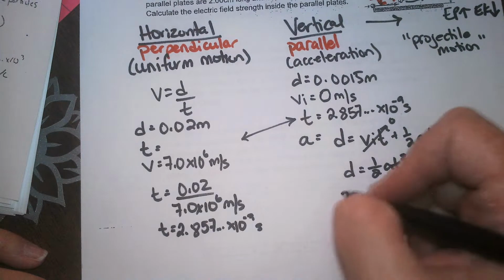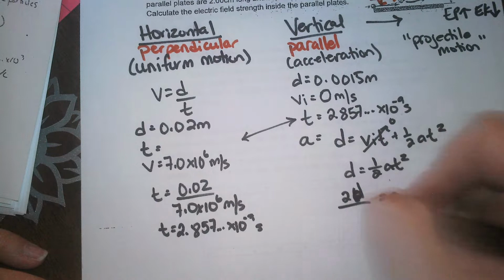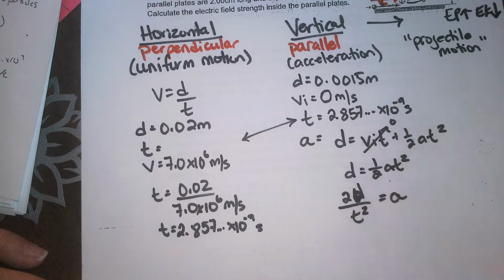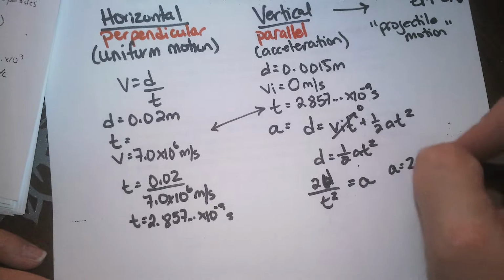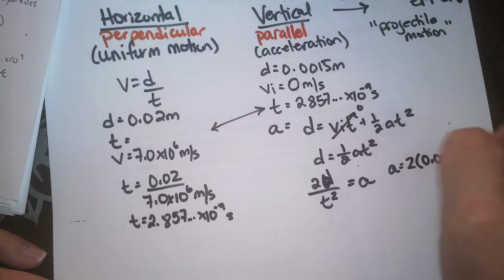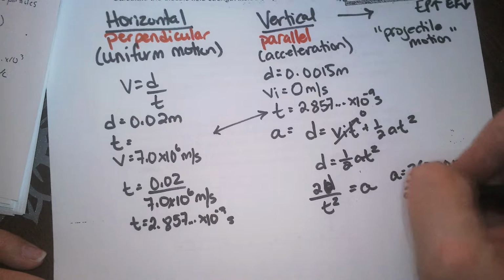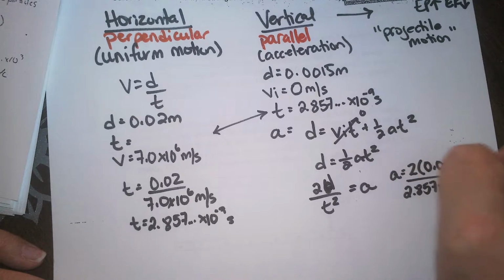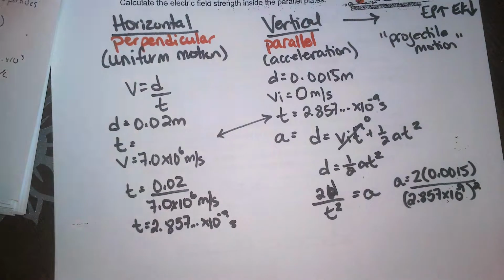A is going to be equal to 2d divided by t squared. You got it, Kyle? Okay.